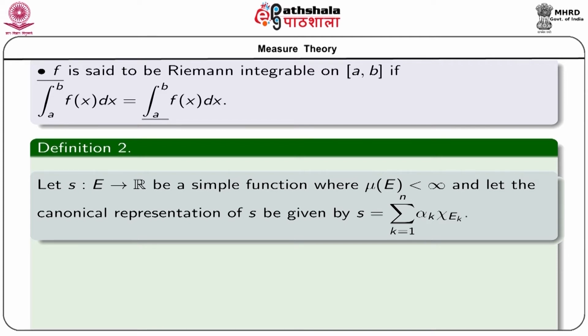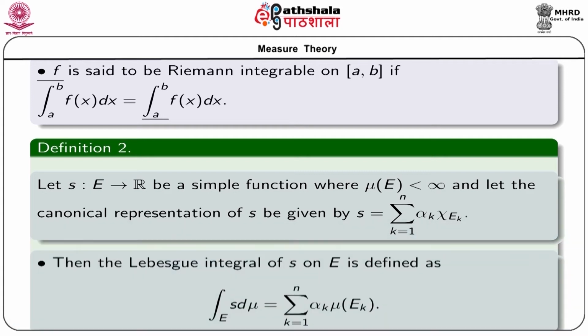Suppose S from E to R is a simple function where E is a measurable set and the measure of E is finite. Suppose S takes the values alpha_1, alpha_2, ..., alpha_n on E, so that the canonical representation of S is given by S = sum over k from 1 to n of alpha_k chi_{E_k}.